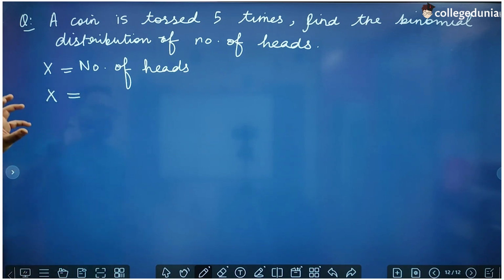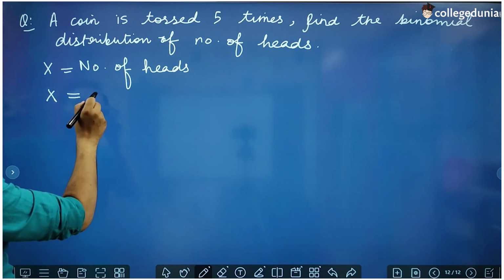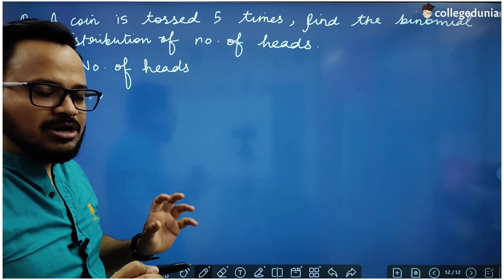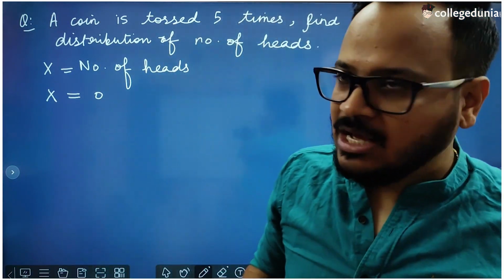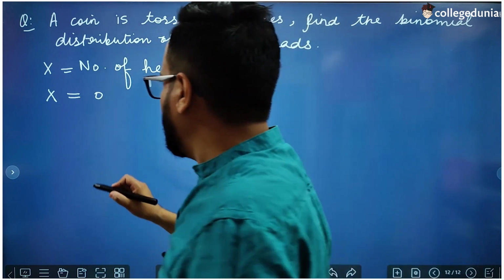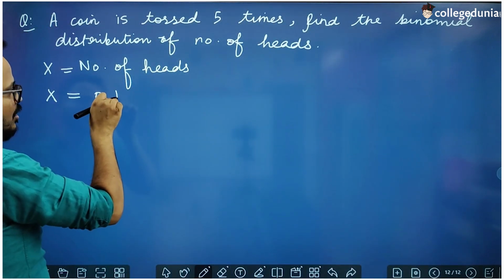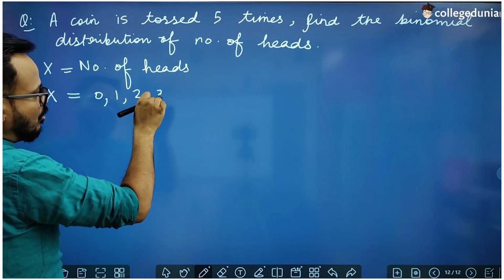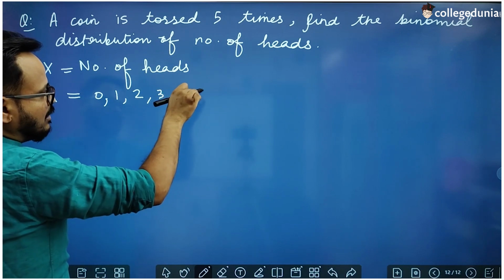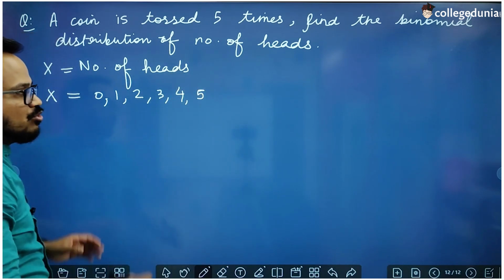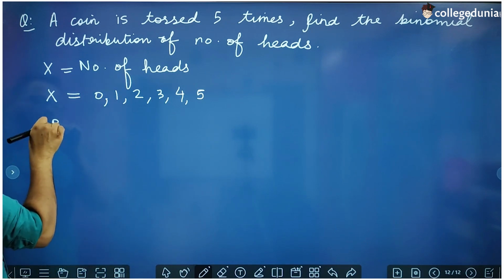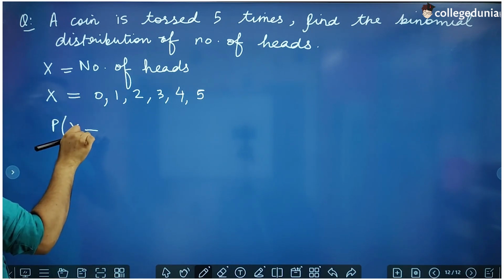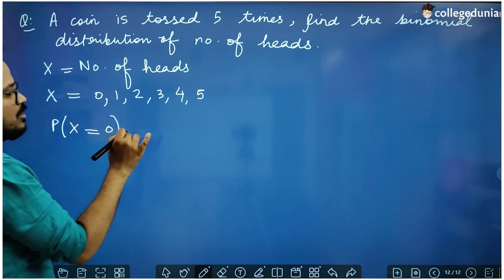What are the possible values of x? 0, because if we are tossing a coin 5 times, then all 5 times we can have tail, so there will be no head. Or we can have head 1 time or 2 times or 3 times or 4 times or 5 times. So these are all the possible values of x. So we have to find the probability for all these values.